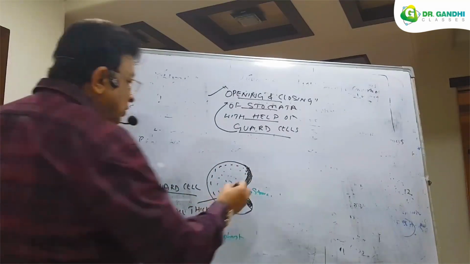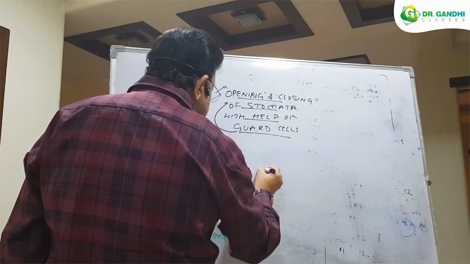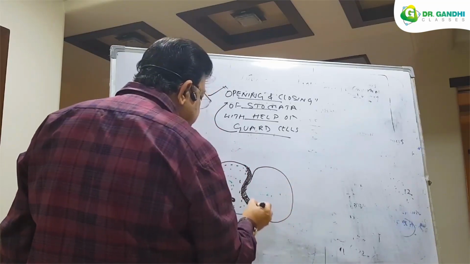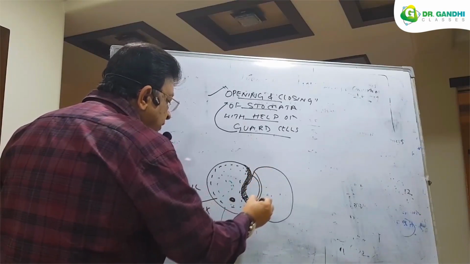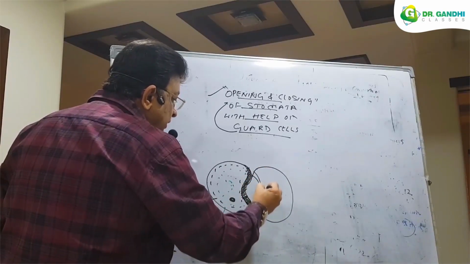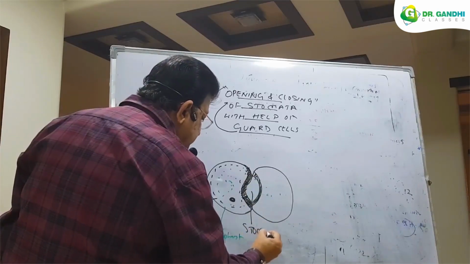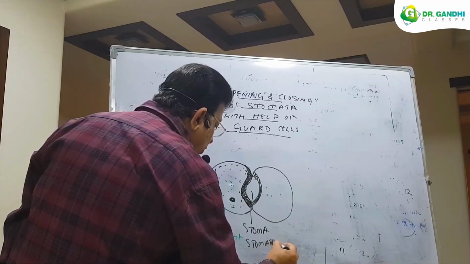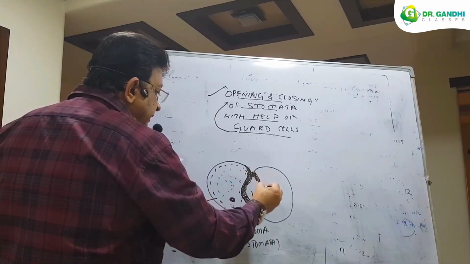So now I will draw on the other side. You can see again I'm drawing the inner wall thick. The inner wall is thick because this is the stoma. Singular stoma, plural stomata. You can see the inner wall is thick.